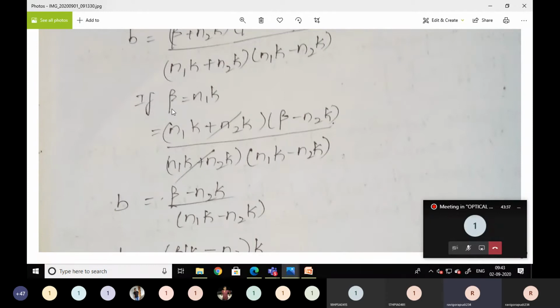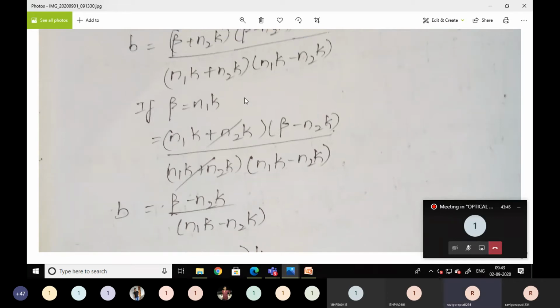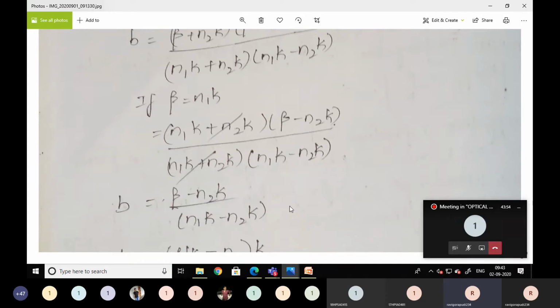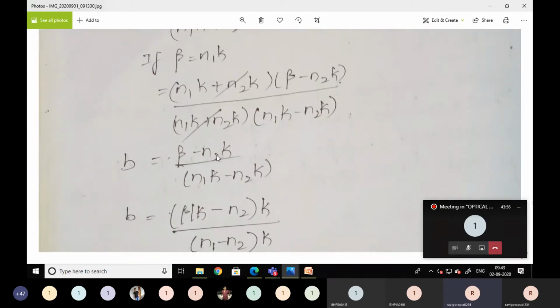If beta value is n1k, then in the numerator, in place of beta in the beta plus n2k term, we are substituting n1k. This first term and the denominator's first term both will get cancelled. Then finally beta minus n2k by n1k minus n2k.